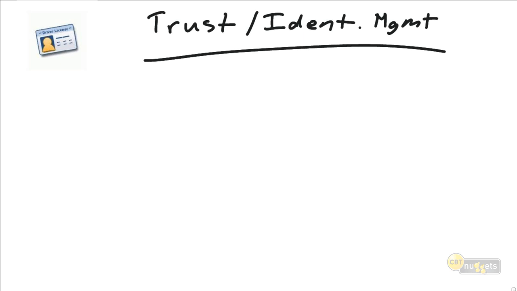Now, another huge layer of security design that Cisco really helps us with is this whole concept of trust and identity management. How do we manage users? How do we provision user accounts across all of our devices?